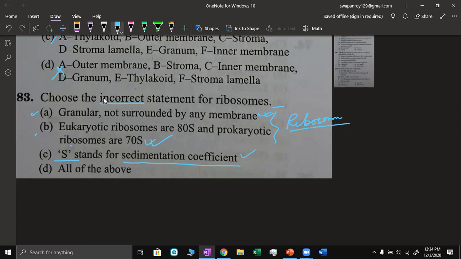Either this question has been written wrong, or, this S stands for sedimentation coefficient, that is true, but this one is not describing the ribosome in any way.